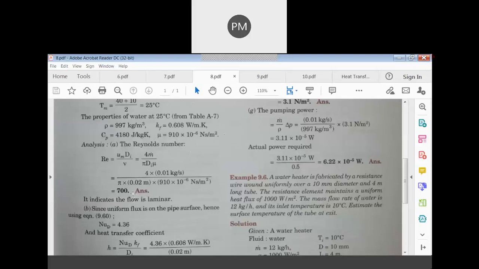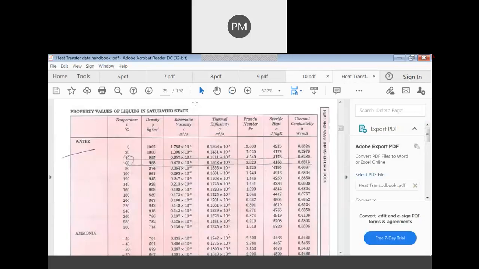So it is laminar flow, and they have told us it's a uniform flux. For the Nusselt number, I told you, use the data handbook. Go to page number 1.